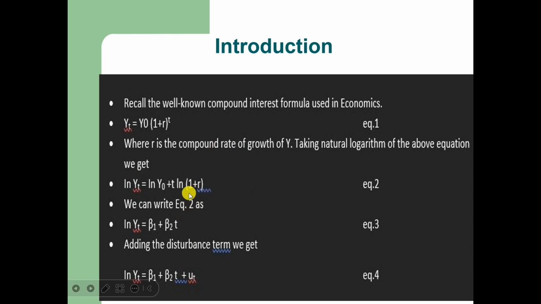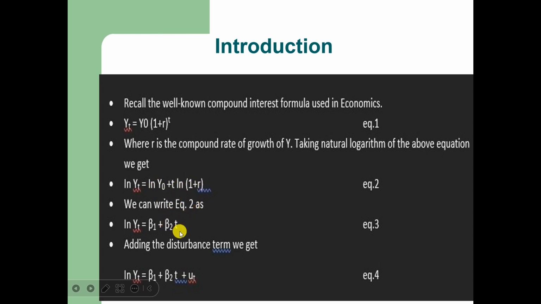To simplify this, I can write equation number 2 as equation number 3, where natural log of yt is equal to beta 1 plus beta 2 t, where beta 1 is equal to natural log of y naught and beta 2 is equal to natural log of 1 plus r.